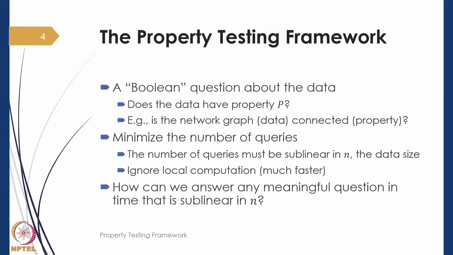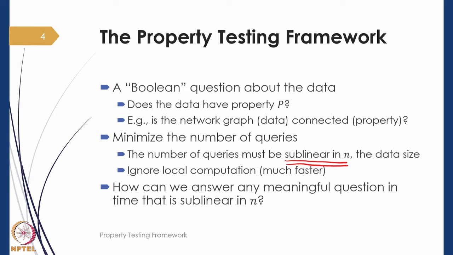In particular, in the property testing framework, we are interested in trying to answer the Boolean question with very few queries. In particular, we want to answer the Boolean question using only queries that are sublinear in n.